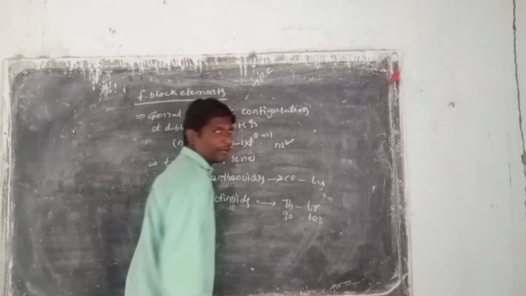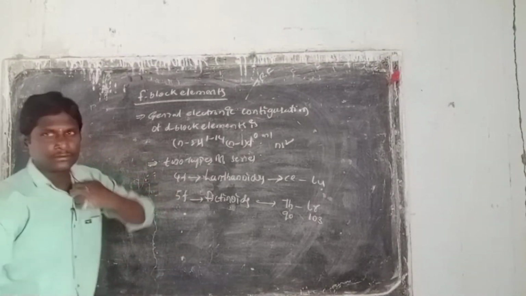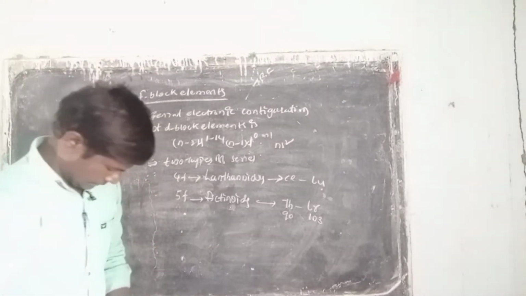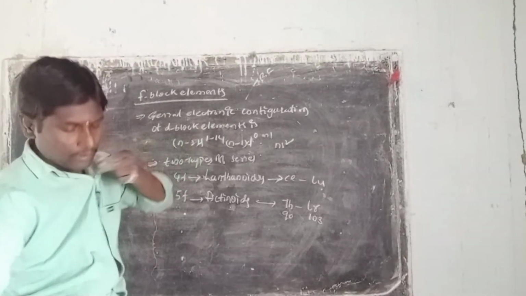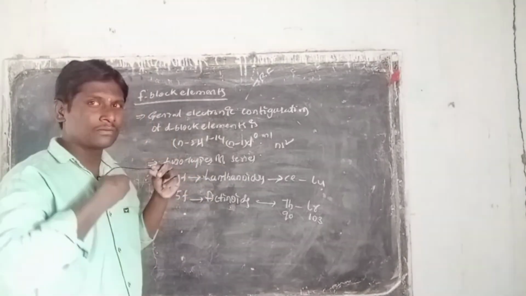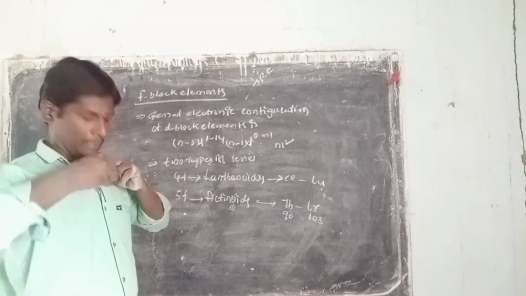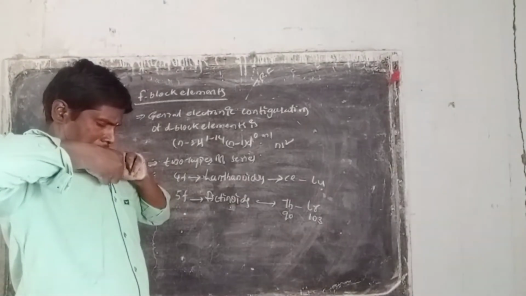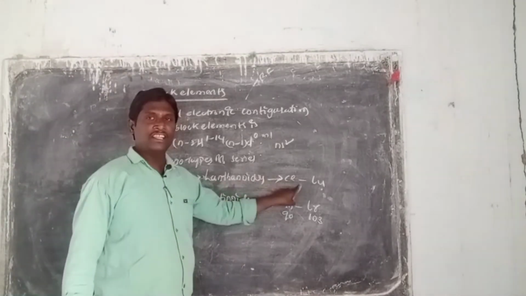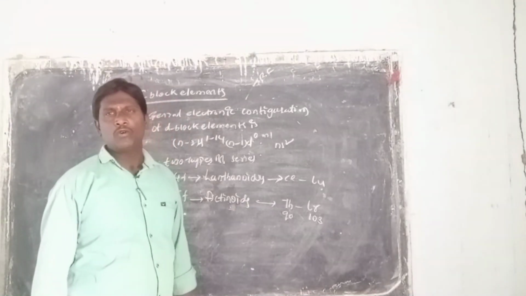Lanthanides are cerium to lutetium and the 5F series is thorium to lawrencium.